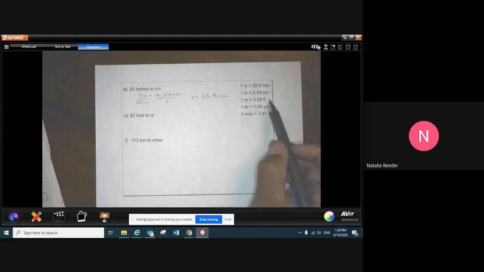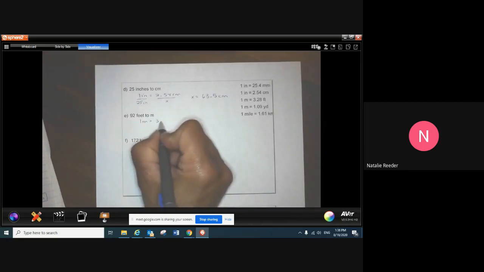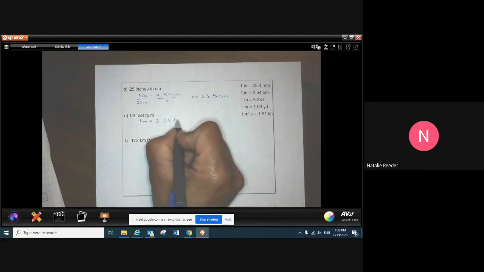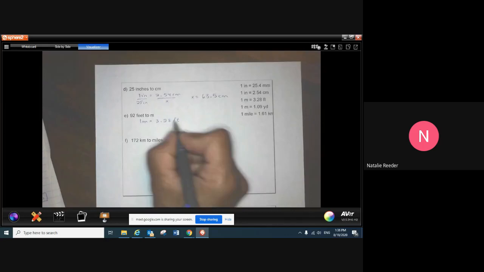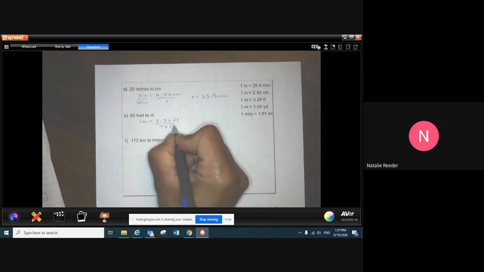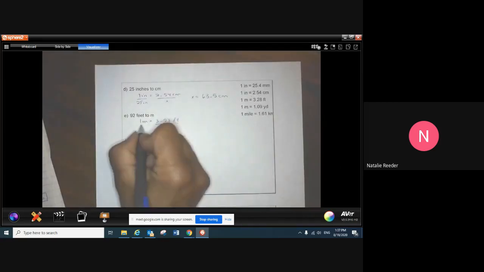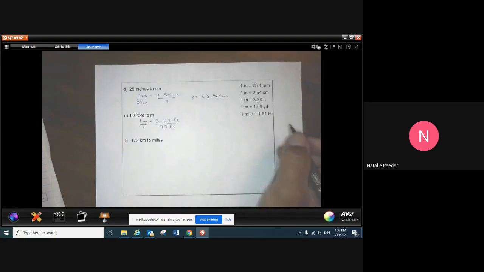So feet to meters. Meters and feet is the third one here, so start with that one. 1 meter is equal to 3.28 feet. Now the difference in this question is they're giving us 92 feet. They're not giving us meters. So we need to put 92 feet underneath your feet. Keep it on the same side. And we want to know how many meters that is.